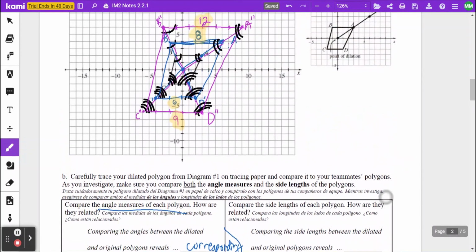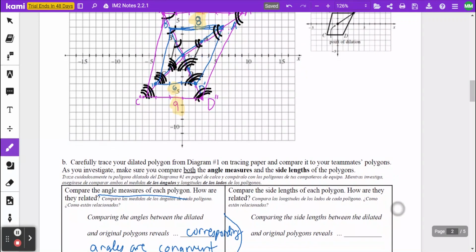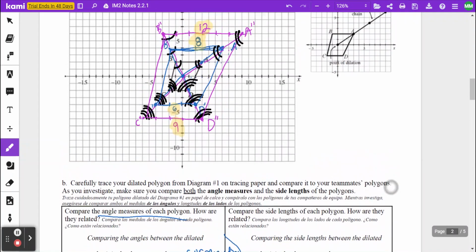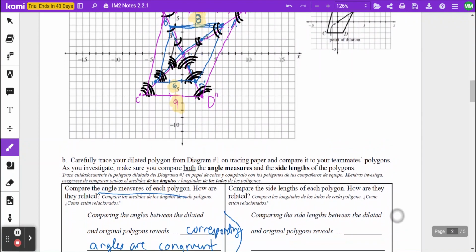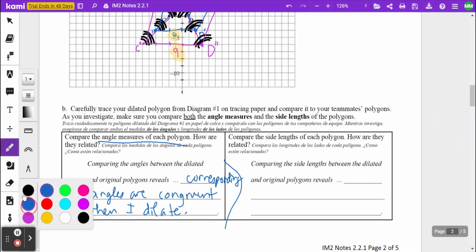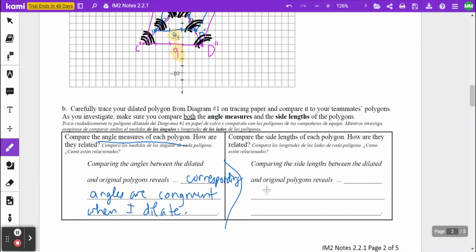We're going to compare the side lengths. So I'm going to make, I guess, proportions. Like if I'm going from 6 to 9, is that the same as going from 8 to 12? Let's check with a fraction. Is 6 over 9, well, that's equal to 2/3.